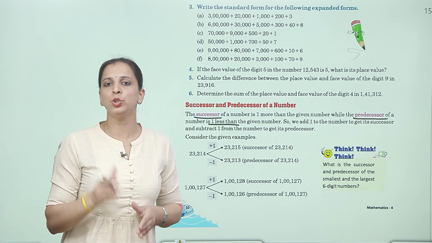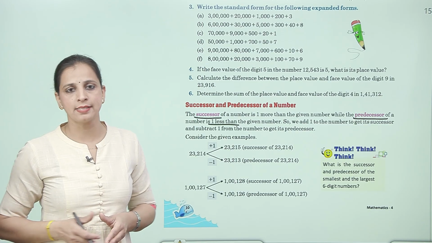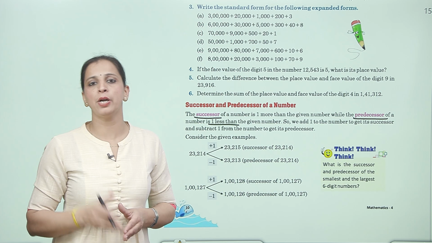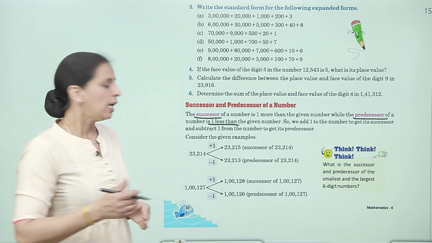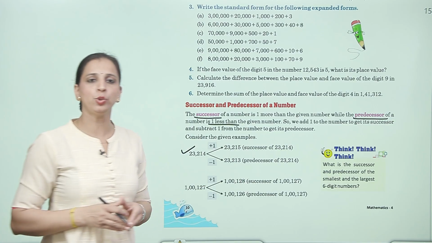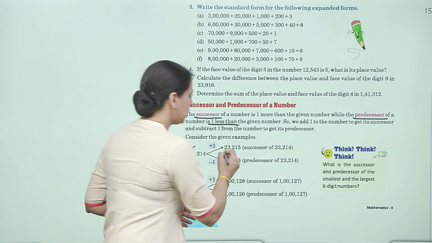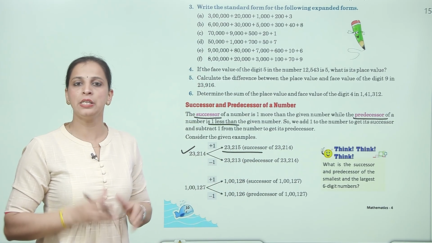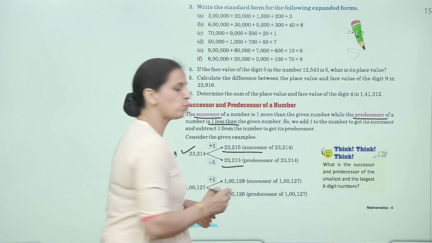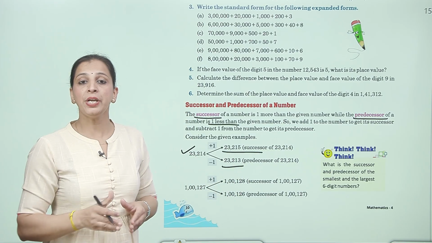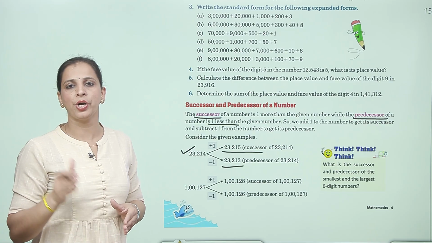So, we add 1 to the number to get its successor and subtract 1 from the number to get its predecessor. Now, consider the given examples. Given number is 23,214. Plus 1 is 23,215, successor of 23,214, and minus 1 is 23,213, predecessor of 23,214.